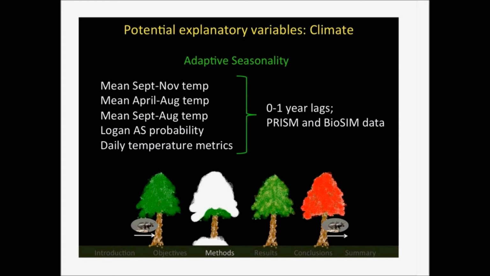And these daily and adaptive seasonality probabilities come from BioSim software, along with daily weather station data. And for these variables, we looked at the current year, which would have been the winter before the tree was killed, the fall before the tree was killed, and the previous year to capture the possibility of there being a 2-year life cycle, not just a 1-year life cycle.